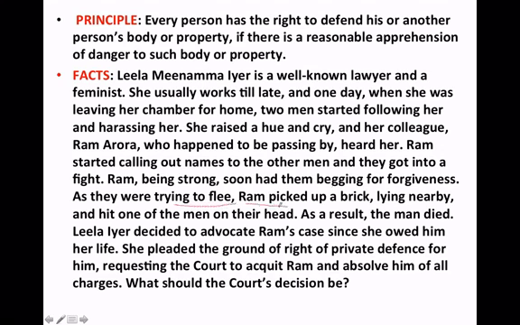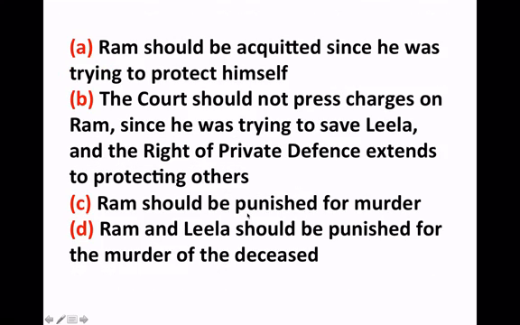Ram picked up a brick. And the principle clearly states that you can only defend yourself when there is a reasonable apprehension of danger. So here, these men were already trying to flee, they were running away. Even after that, Ram picked up a brick and hit them. So there was no reasonable apprehension of danger here, and hence the correct answer is Ram should be punished for murder.